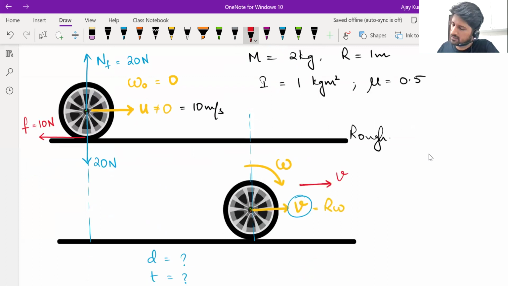And let final angular velocity be omega. We know the relation between V and omega because it attains pure rolling ultimately. So V is equal to R omega. If one is calculated, the other is indirectly calculated.